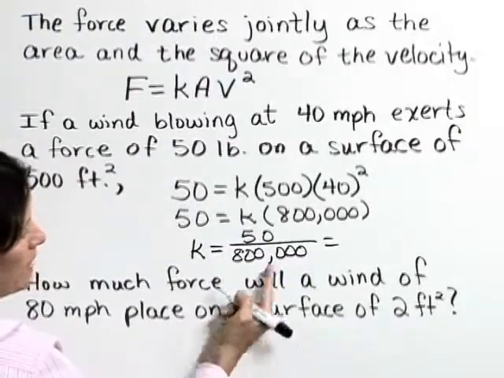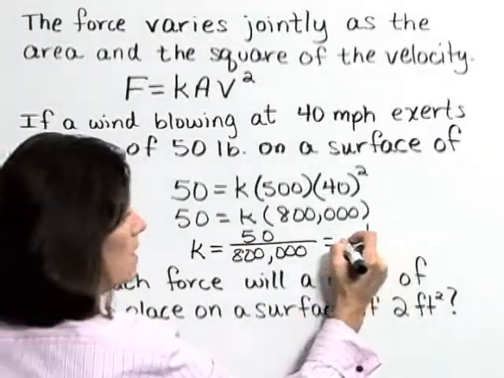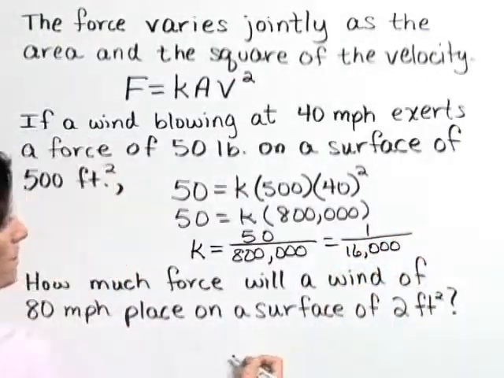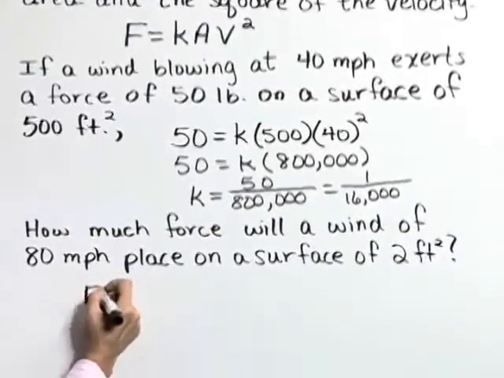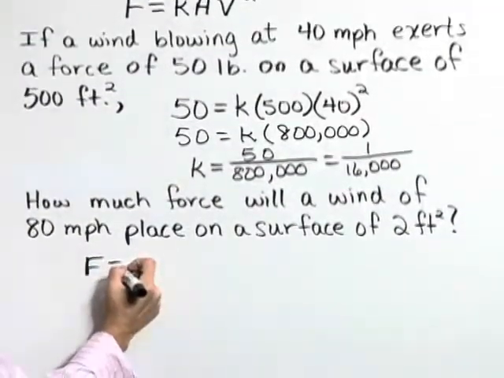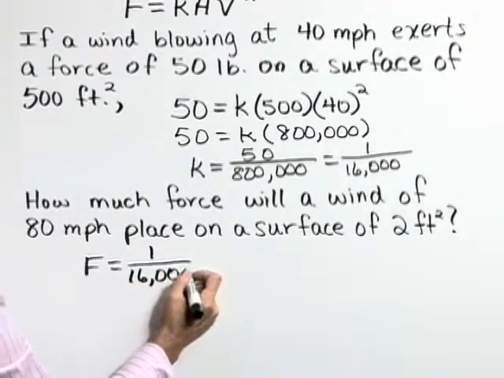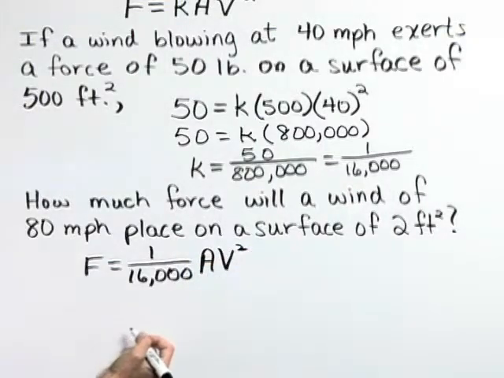If we cancel a common factor of 50 out of the numerator and denominator, that reduces to 1 over 16,000. So we can write our formula as force F is equal to 1 over 16,000 times the area times velocity squared.